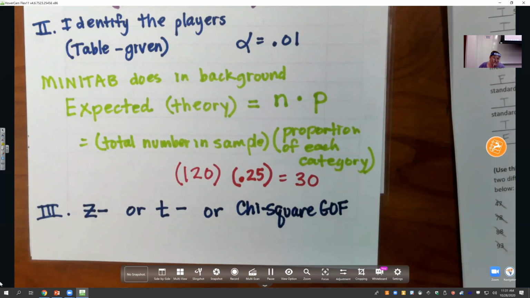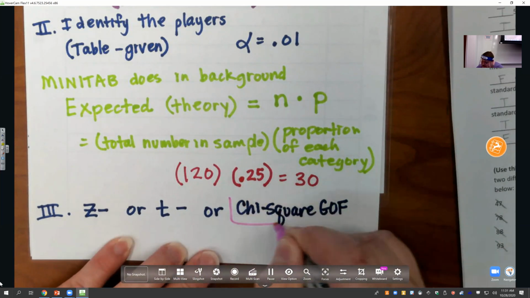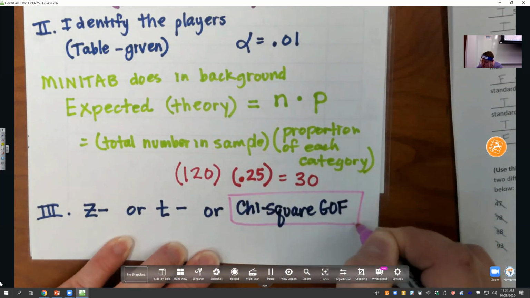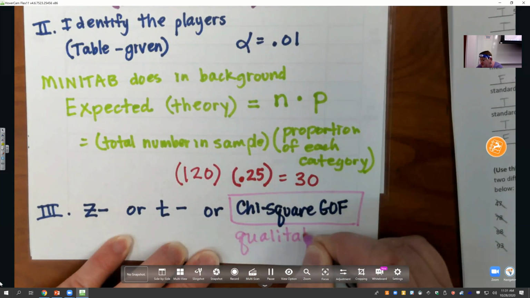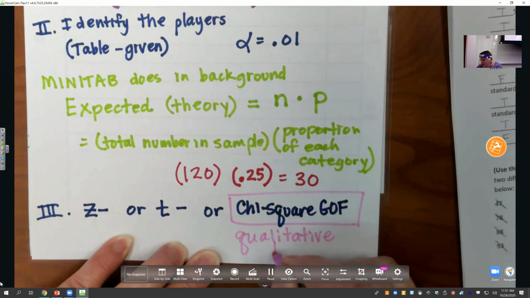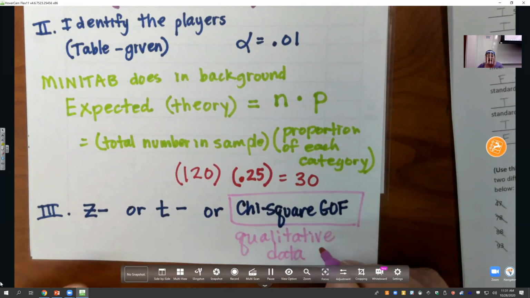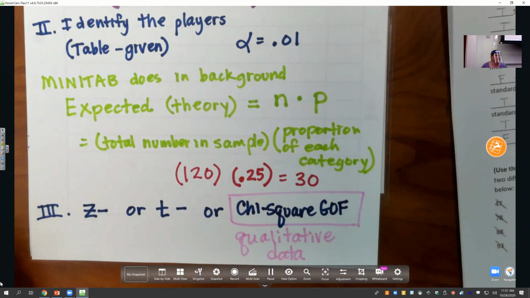Well, considering the topic of the lesson is chi-square, it's kind of obvious that that is. But the reason it's chi-squared, guys, is that we have qualitative data. The flavors of popcorn are qualitative. Plain, cheddar, barbecue, butter. Okay? So we know we need to do chi-square, goodness of fit.